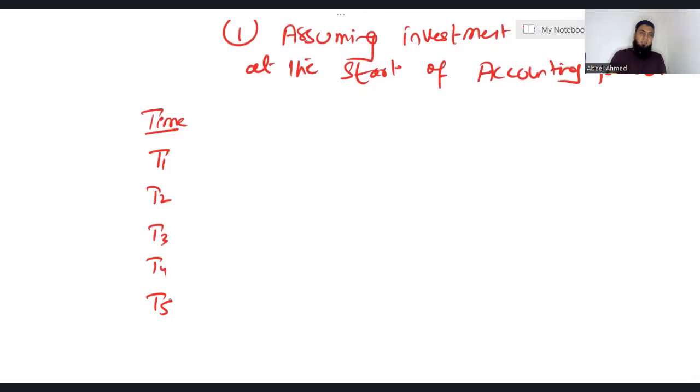So instead of restricting ourselves to T4, I have written till T5, because T4 tax will be paid in T5, or in other words, T4 tax actually will be saved in T5. So one column is for the time, second is capital allowances.